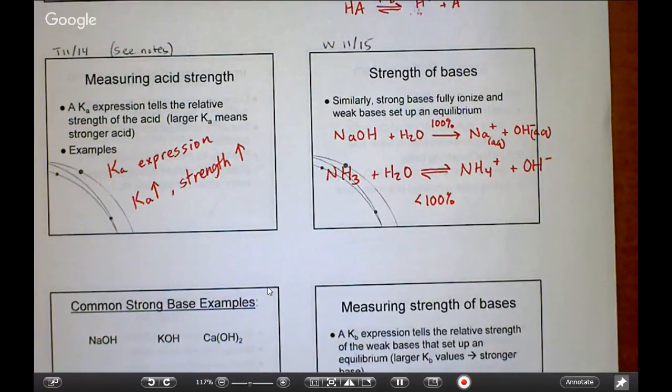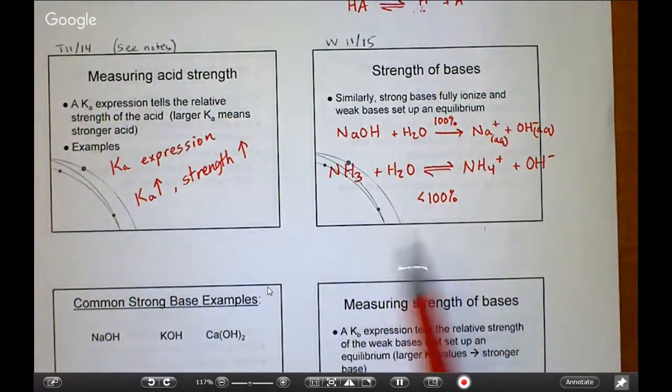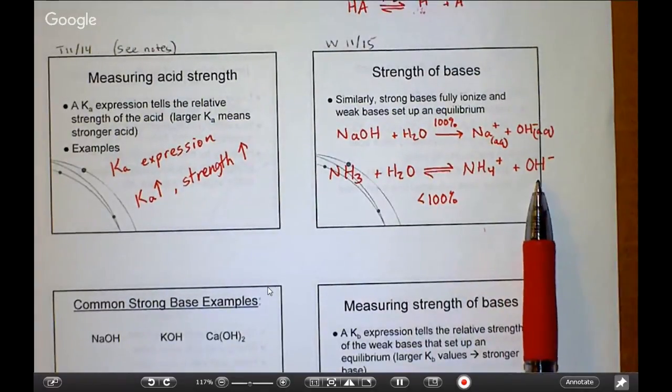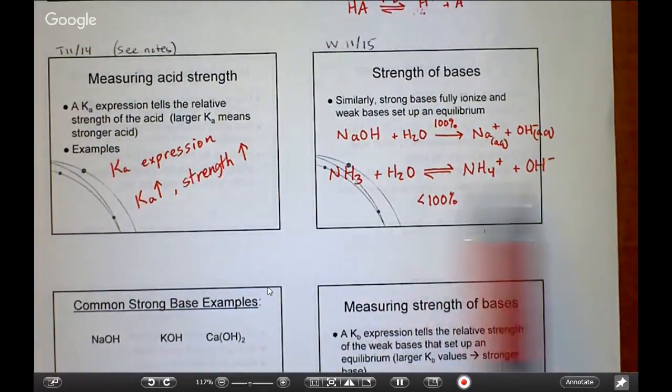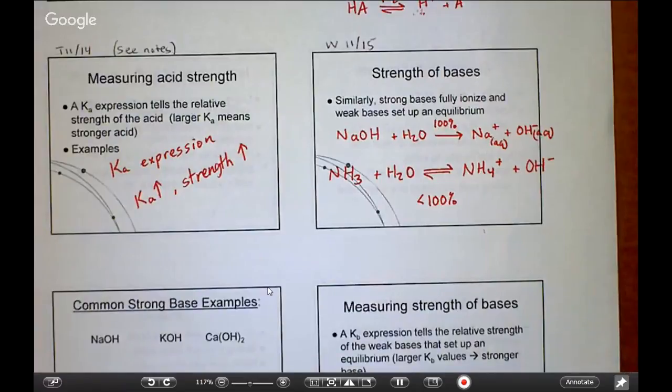Similar to how we talked about strong acids, with strong acids you had more proton ions in solution, so it was stronger and more dangerous. Similar idea with strong bases. The more hydroxide ions you have in solution, the stronger it is and the more dangerous. And in the case of the weak base, we have less hydroxide in solution because it's in equilibrium, so we don't have complete ionization.